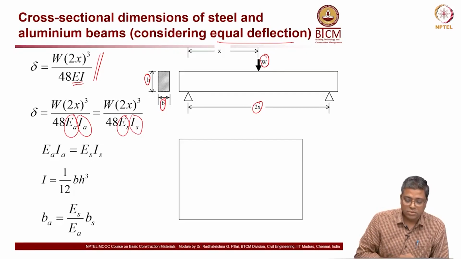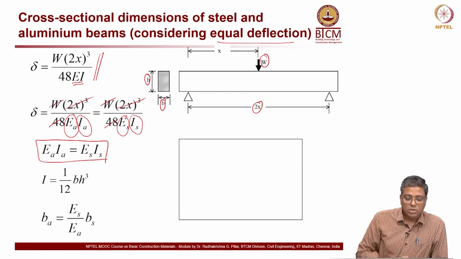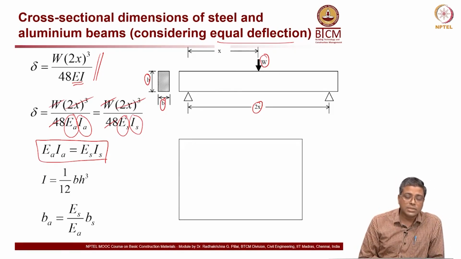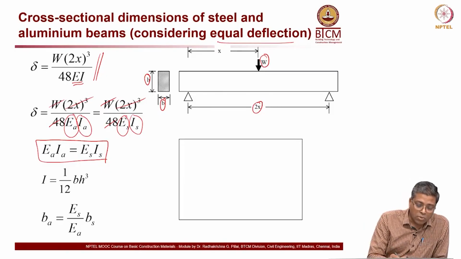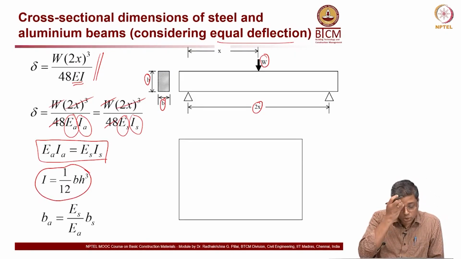Okay. So, for aluminum I am going to call it EA and IA, and for steel ES and IS. Now, if you compare that, I can cancel the 48 and W on both sides. So, I can say that EA IA is equal to ES IS. Now, what is I? It is a rectangular section, so I is equal to b h cube divided by 12.